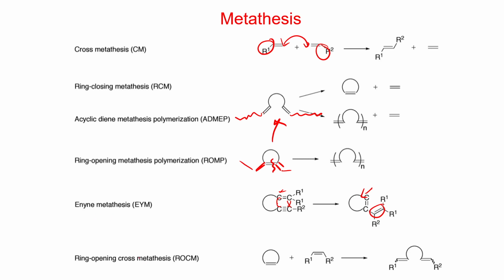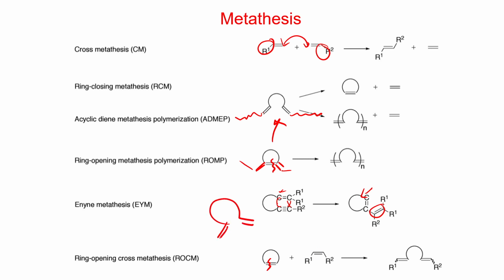For ring opening cross metathesis, at first this ring is opened, followed by the smaller unit that is present initially.